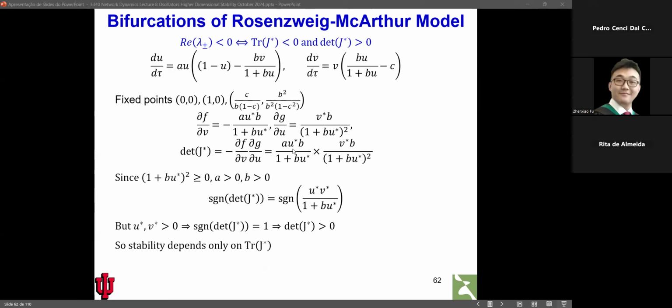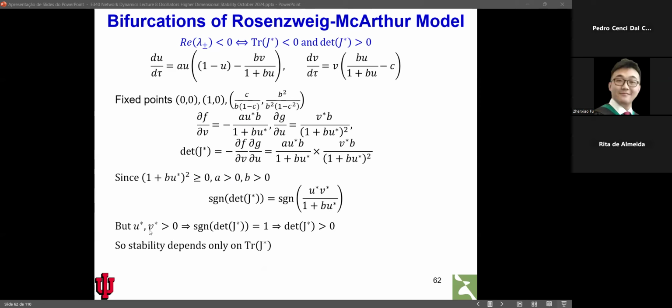The determinant is going to be this part times this part here, and since 1 plus bu star squared is larger than 0, and a and b are larger than 0, you calculate the sign of the determinant to know what happens.